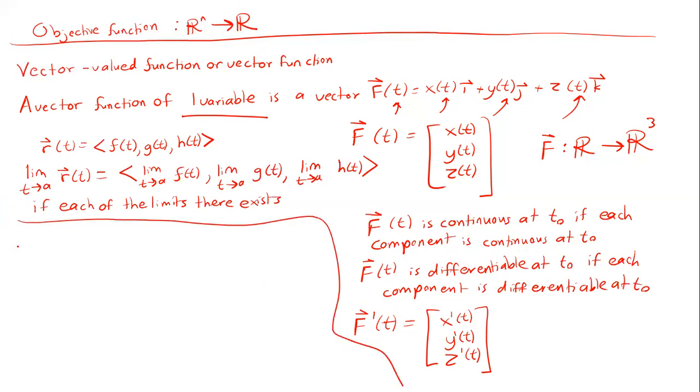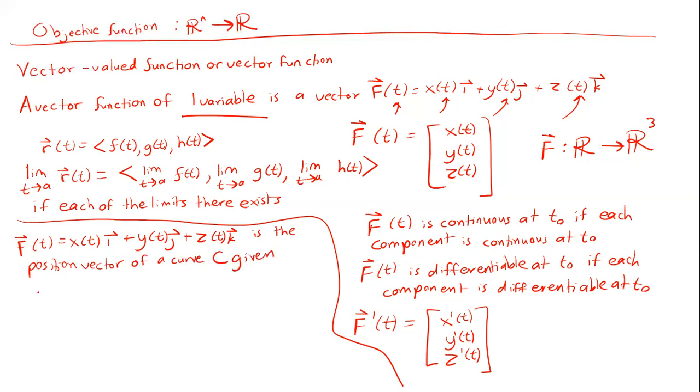What the Stewart book says is that if f of t is equal to x of t i plus y of t j plus z of t k, it is the position vector of a curve C given parametrically by x equals x of t, y equals y of t, and z equals z of t.